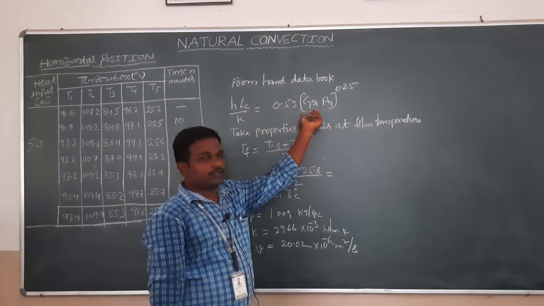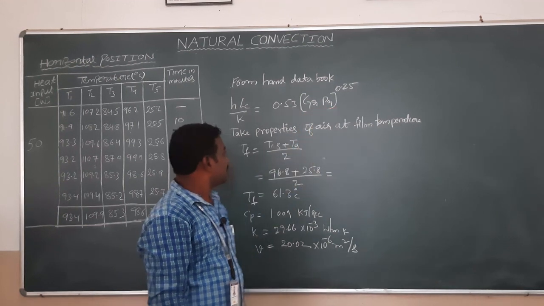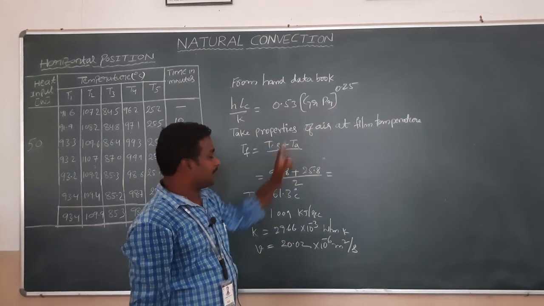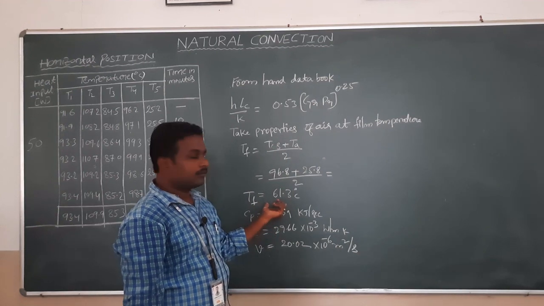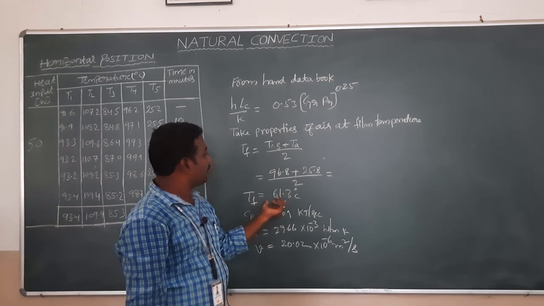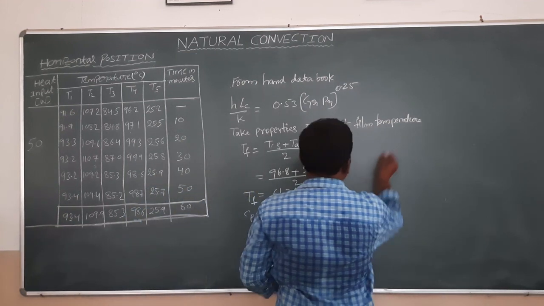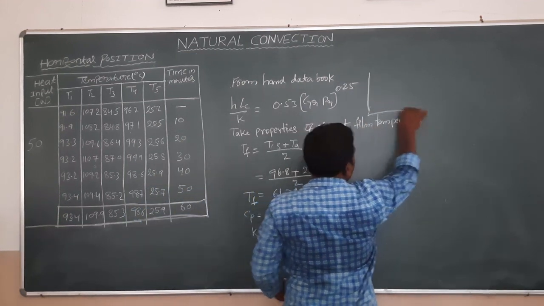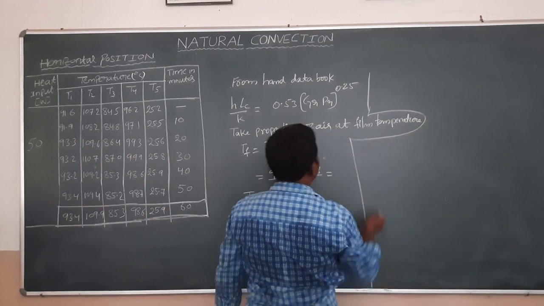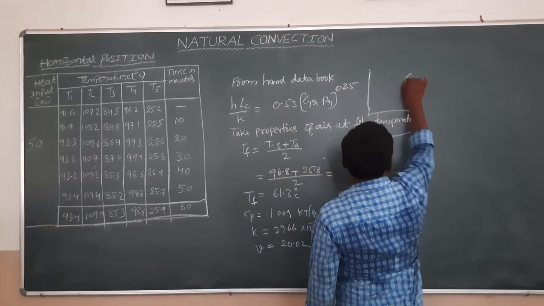Here Gr means Grashof number, Pr means Prandtl number. This Prandtl number value directly came from the property values table at film temperature. And we need to find out the Grashof number value and substitute in the equation.